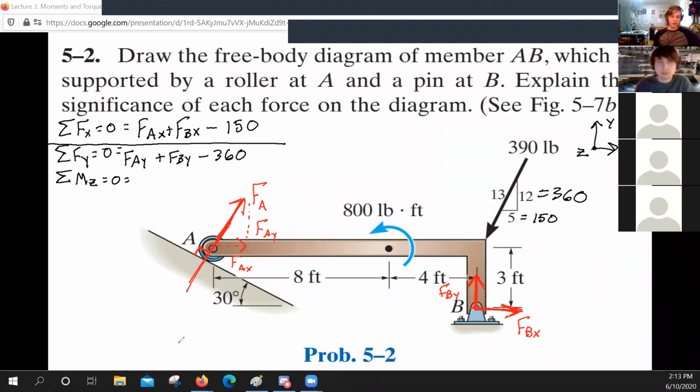No, it would be at the pinned joint for sure. You could also do it here. That's fine. The only thing is that if you do it here, these are both 0.